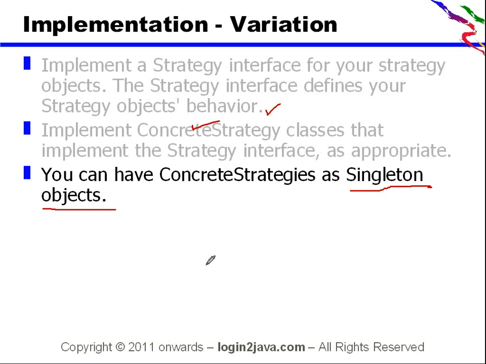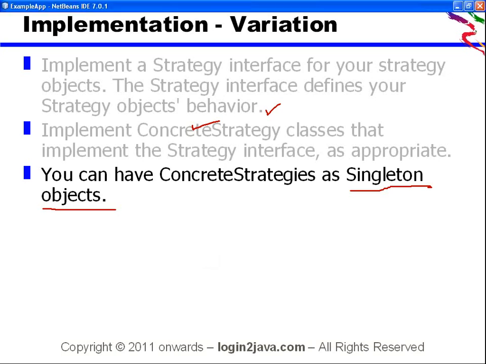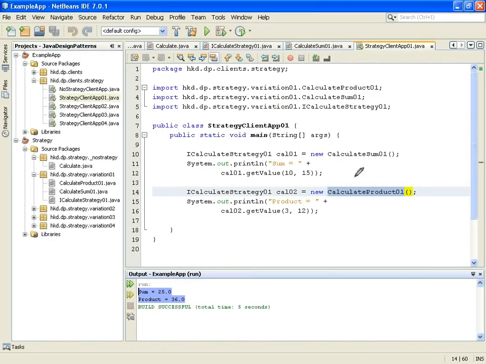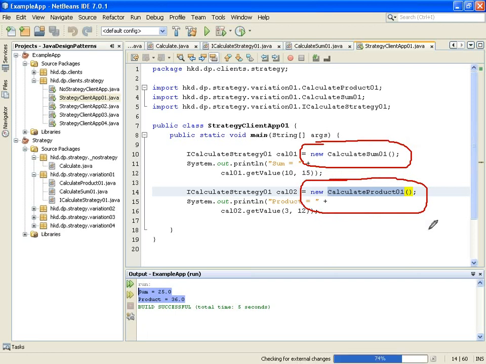So if you see the strategy example that we just saw, let me show you again. See this code. What we are doing, we are creating an instance of strategy.